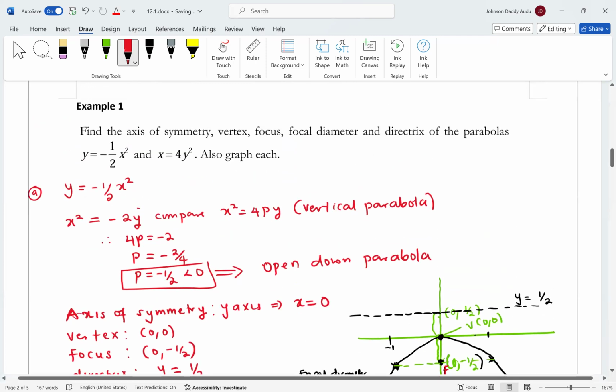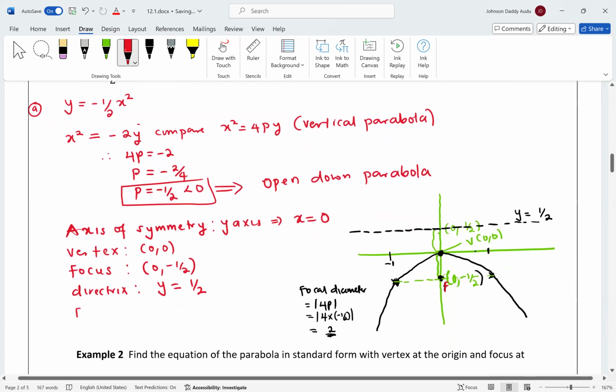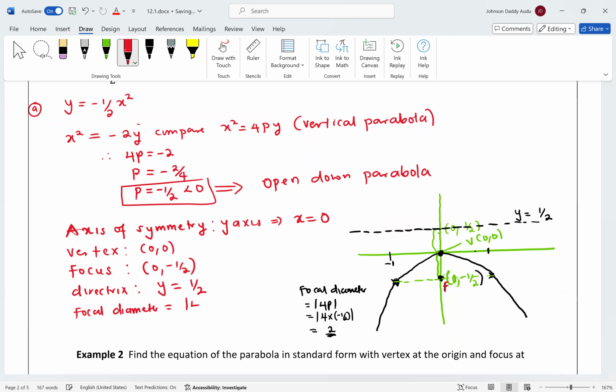And what else again? We were asked to find the focal diameter. So let's add the focal diameter, which we already talked about here. The focal diameter is 4p, and this is going to be 2. Now, this is the same thing as using the formula.